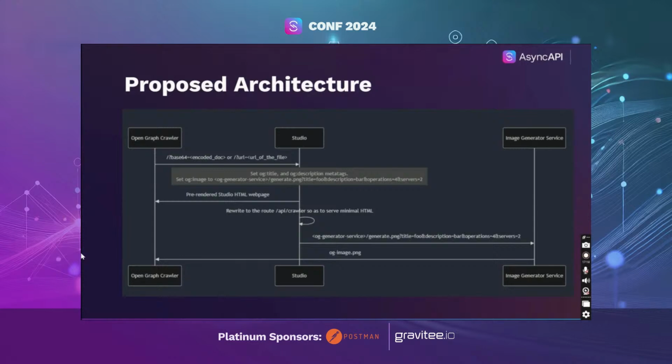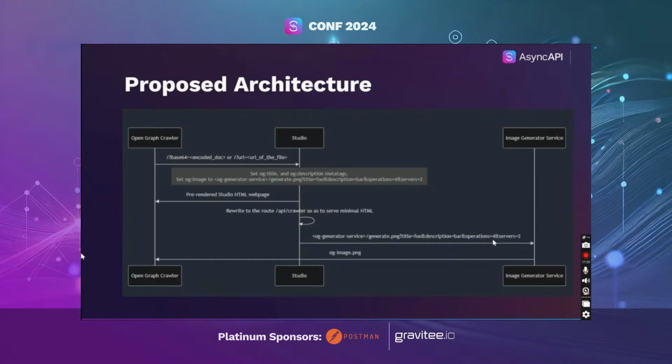We were using CDNs primarily because of caching, and we were caching on the basis of query parameters. So as you can see, we will have the image generator service, and we will have the relevant parsed information that we got in this rewritten route, and we'll pass a lot of that information as query parameters.